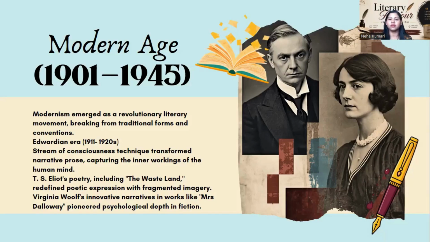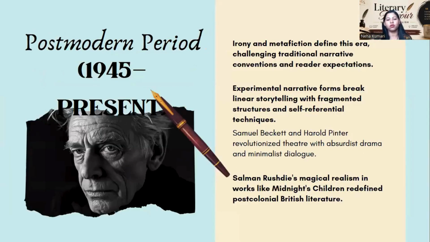Now, following the Second World War, we enter the postmodern phase, which continues from approximately 1945 to the present time. Postmodern literature challenges grand narratives and absolute truths. It questions certainty and embraces ambiguity, irony, parody, metafiction, and intertextuality.